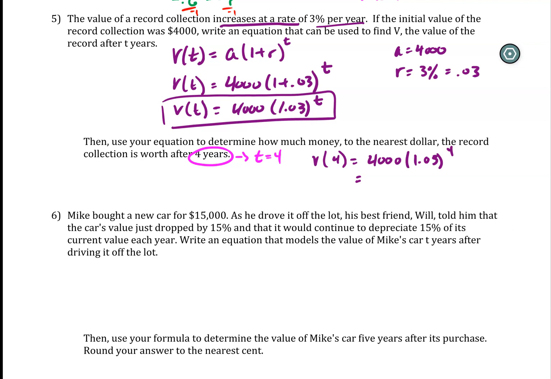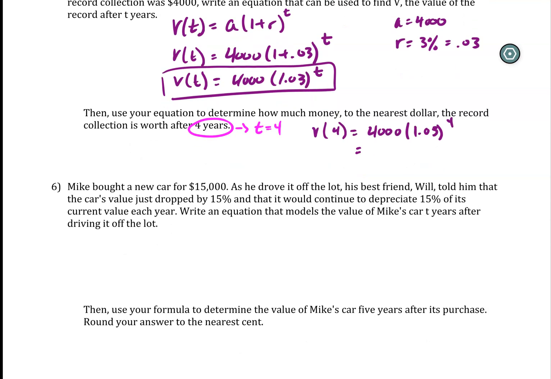Again, I recommend doing it in parts. Some students like to just plug everything in right away, but I like to do this part first, take that answer, then multiply by 4,000. Whichever you want to do is perfectly fine with me, as long as you do it correctly and carefully.